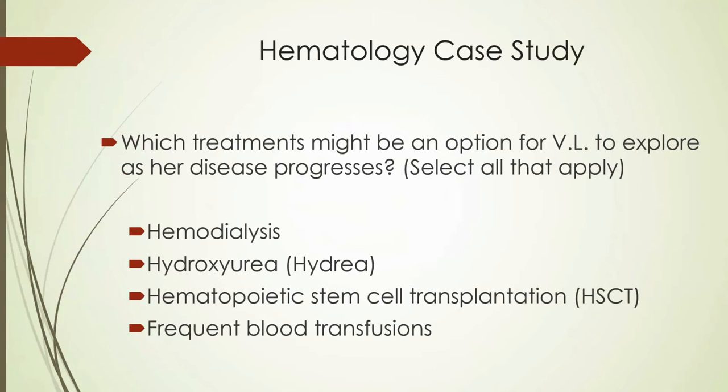So which treatments could be an option for VL to explore as her disease progresses? Hemodialysis, hydroxyurea, stem cell transplant, or frequent blood transfusions. What do you think?